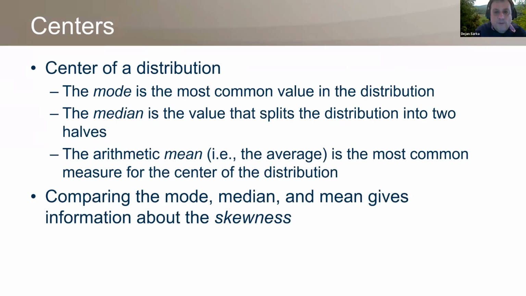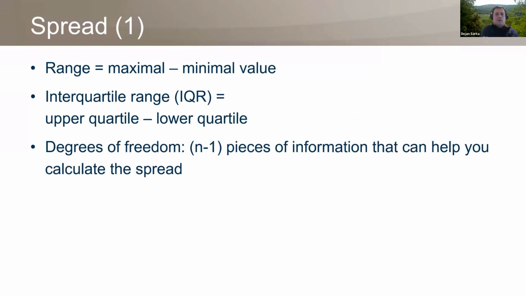It is useful to know if you have more than one peak, if you have 2 or 3 values that are the most frequent, so you don't have a distribution that would completely follow the Gaussian curve. And especially comparing median and mean gives you information about skewness.